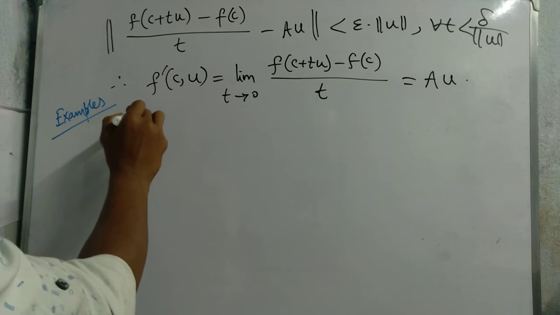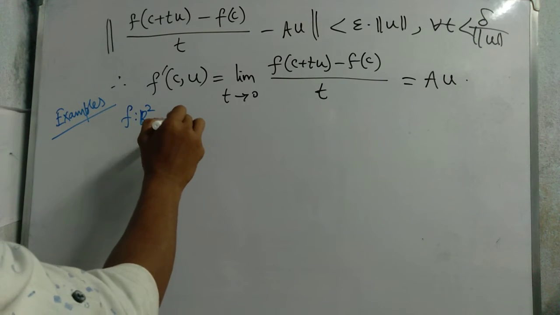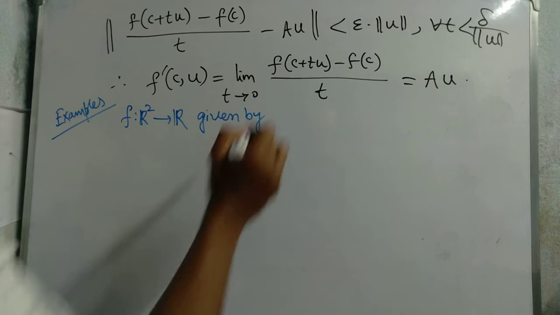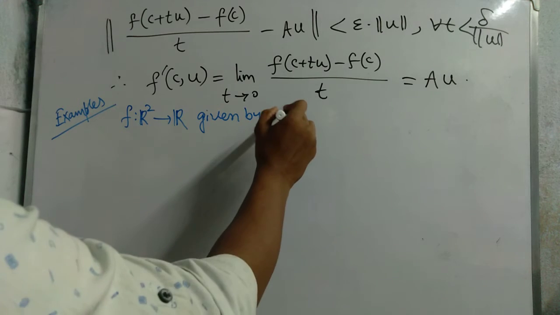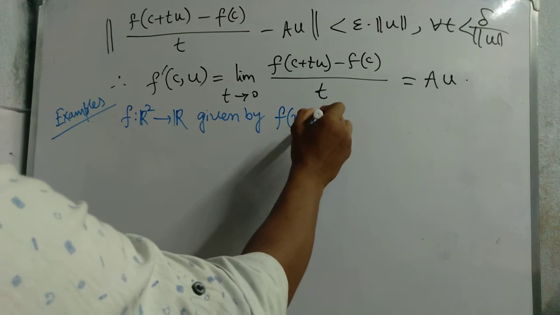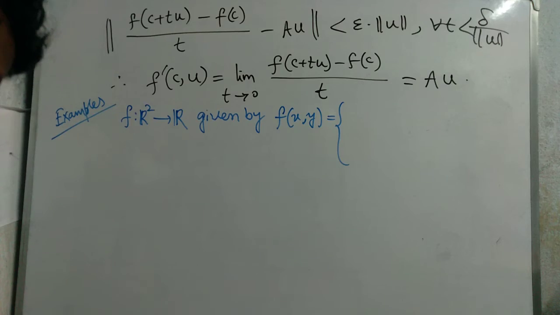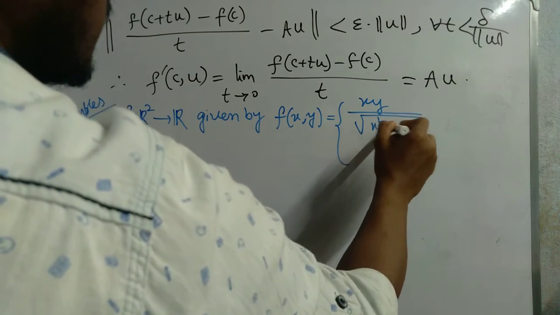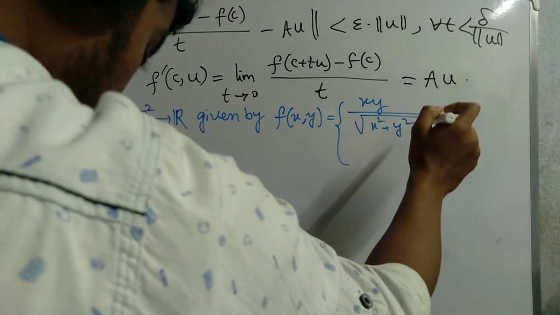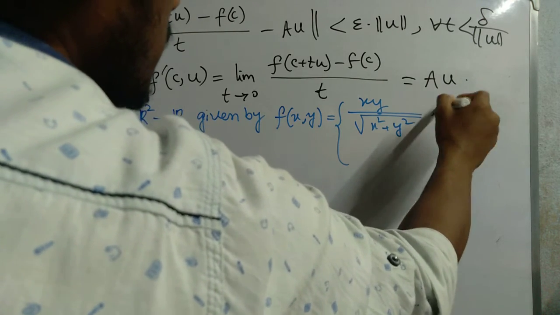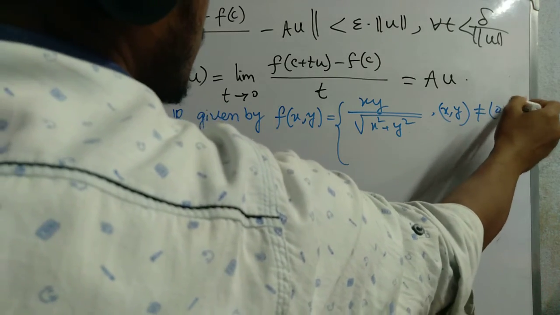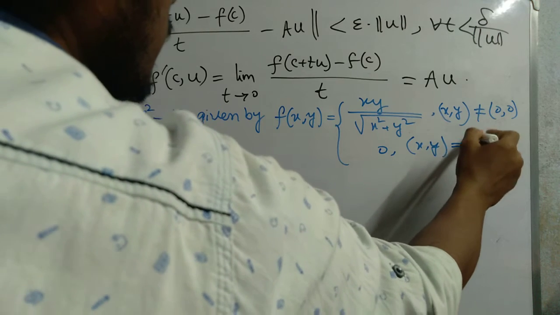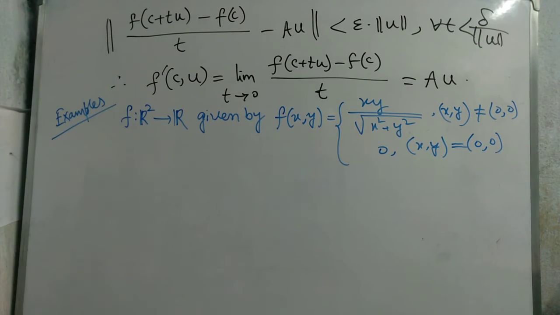Let f from R squared to R be given by f(x,y) = xy divided by the square root of x squared plus y squared, where (x,y) is not equal to (0,0), and 0 if (x,y) = (0,0).